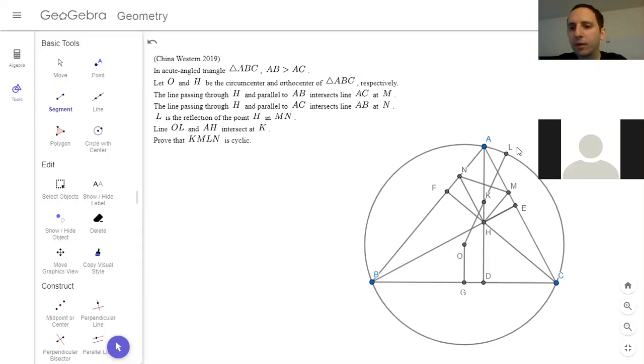Okay, so LOE is 180 minus BOE minus BOL. Or do you mean 360 minus that? Yeah, 360 minus that. And then angle BOL, I write BOL as twice LCB. And LCB is LMN.